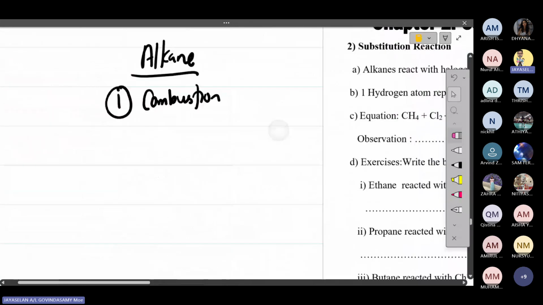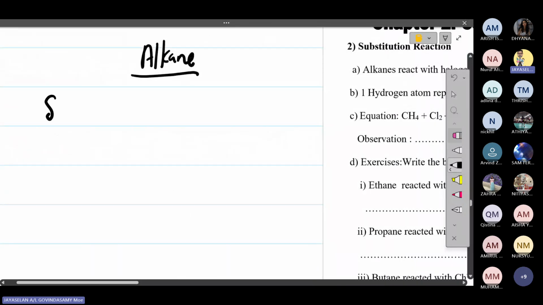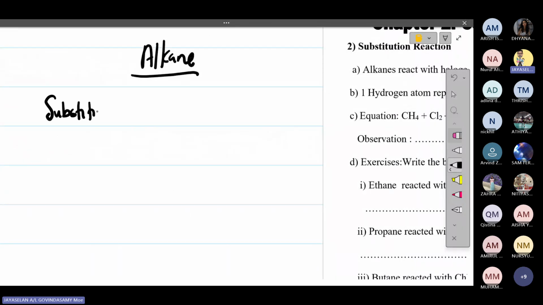Substitution. Alkane undergoes substitution. What does substitution mean? One hydrogen atom will be substituted with any other atom. That is called the substitution process. In the substitution process, we take alkane reacted with halogen, and this is a very slow reaction.